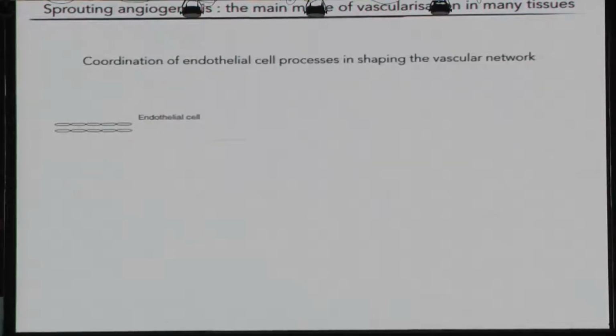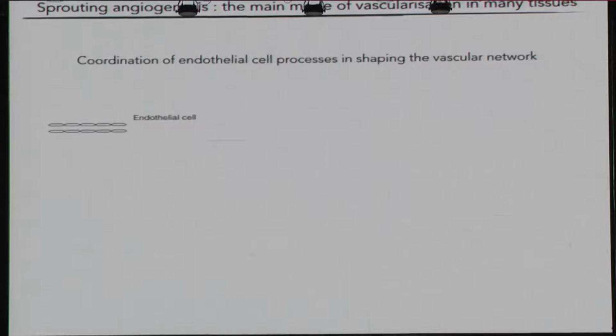There are several ways in which blood vessels can form, and one commonly used mechanism is called sprouting angiogenesis, which is a multicellular process that is tightly coordinated in time and space and requires many endothelial cell processes to shape the vascular network. Angiogenesis, by definition, is when new blood vessels are formed from pre-existing ones.